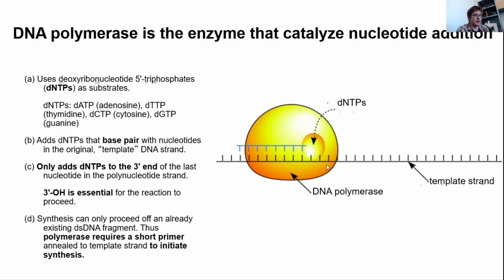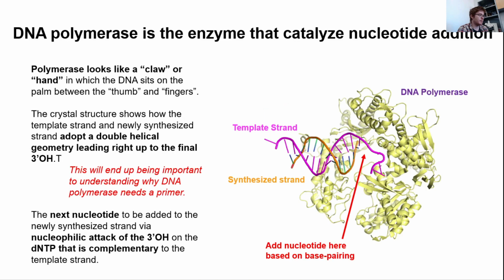But if this template isn't here already, that is, if there's nothing to extend off of, then polymerase is actually not going to be able to perform this reaction very well. And so we say that polymerase requires a short primer, which is what we call this short piece of DNA that anneals to our template strand in order to initiate synthesis. And that's going to be really important for thinking about the overall process of genome replication, as you'll see.